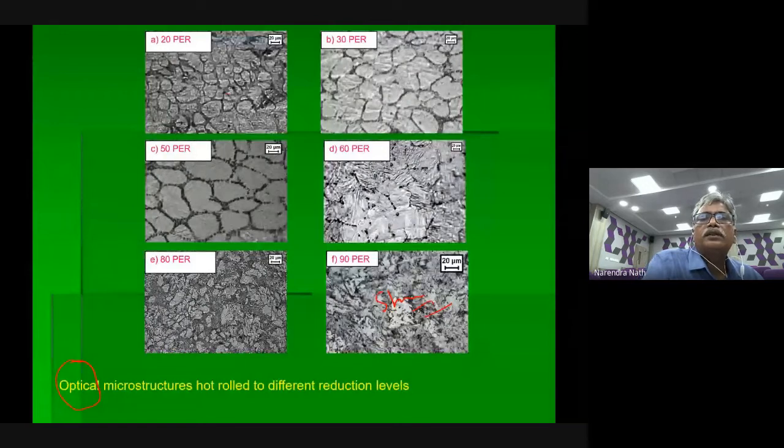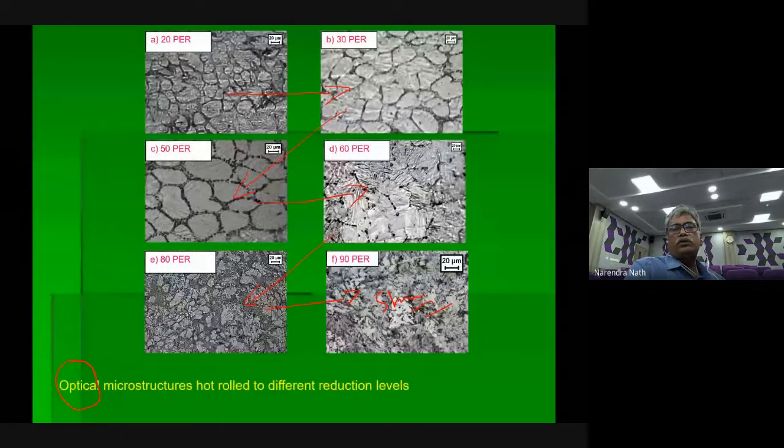So how the structure is transforming with rolling, okay, and each structure has its own unique beauty and its own transformation temperature. So for different applications, I can use 20% for that transformation temperature, and for this transformation temperature, I can use 30%. So nicely, you can see how much the structure changes.